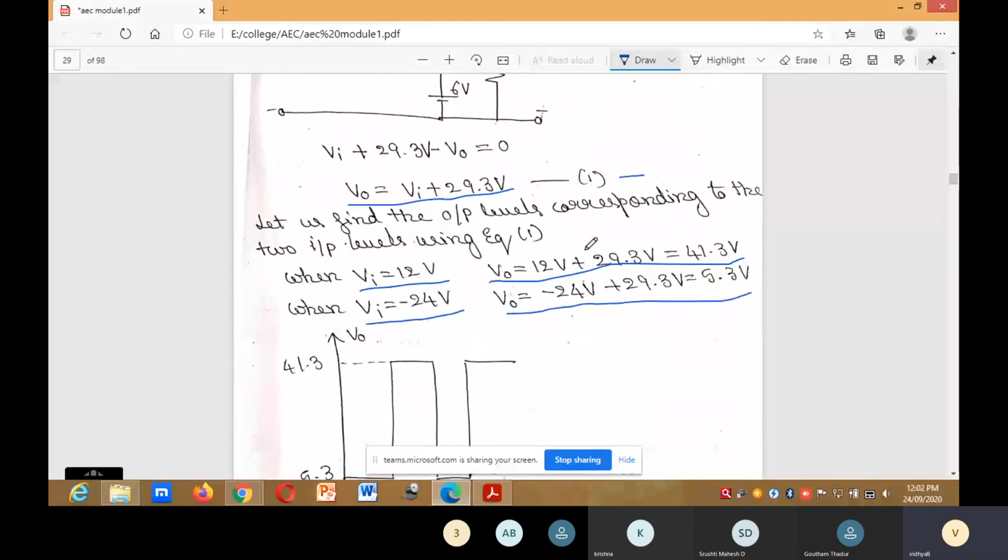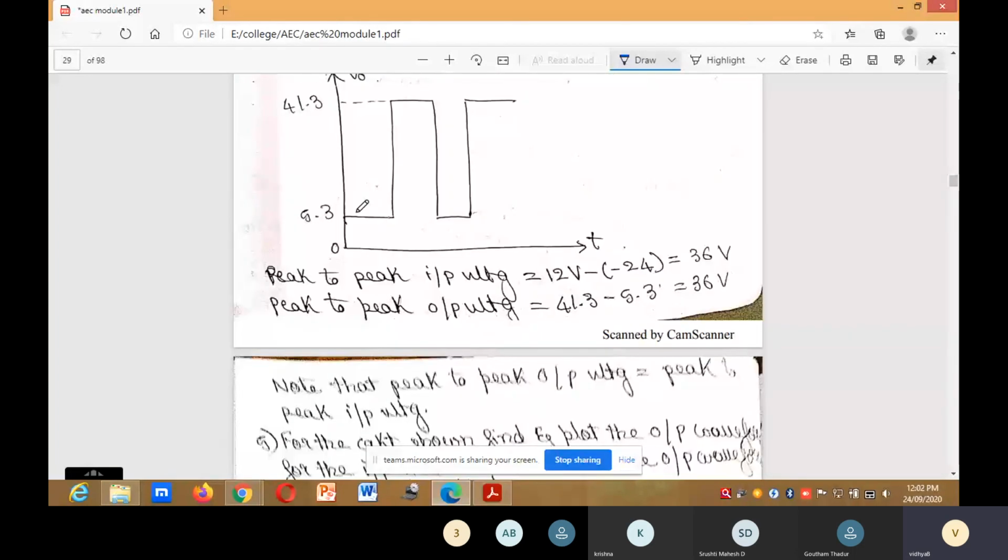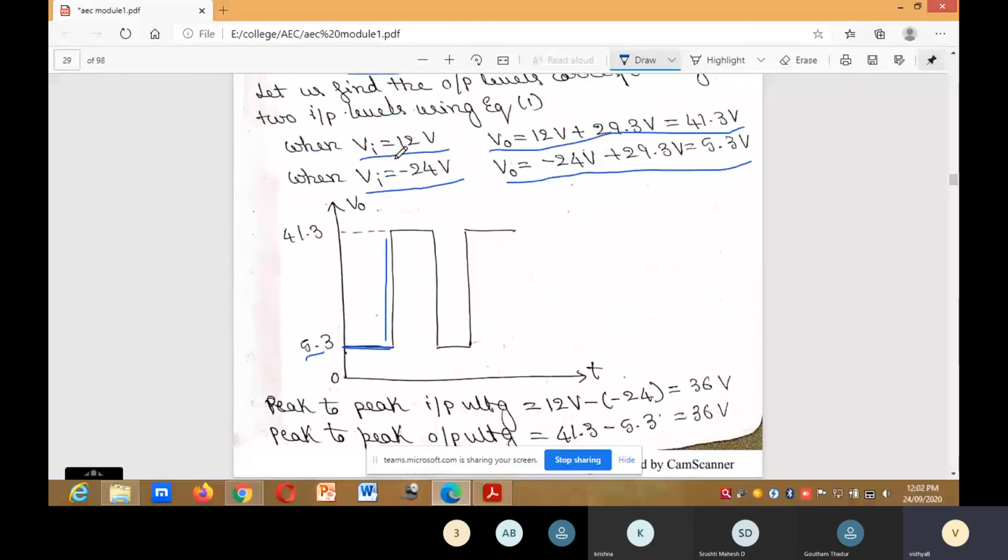When Vi is greater than 5.3, the output is equal to 41.3.